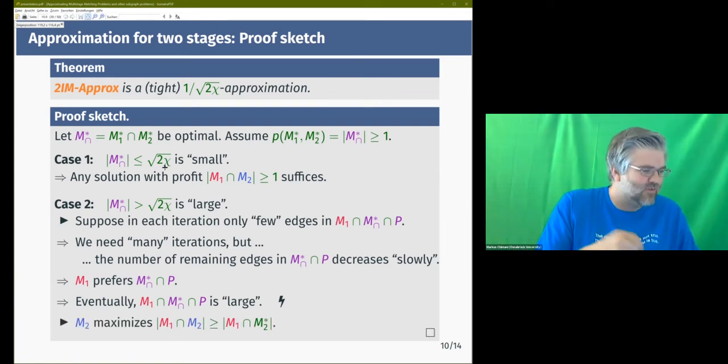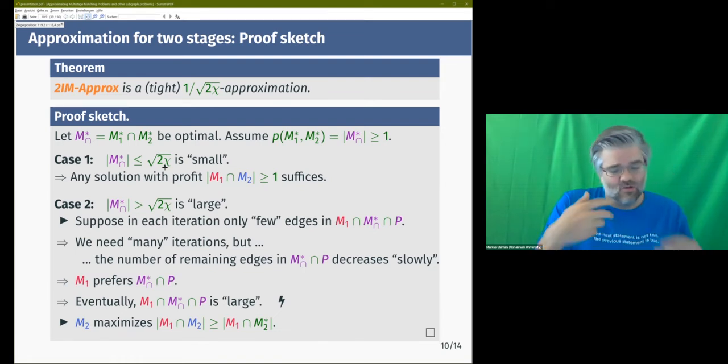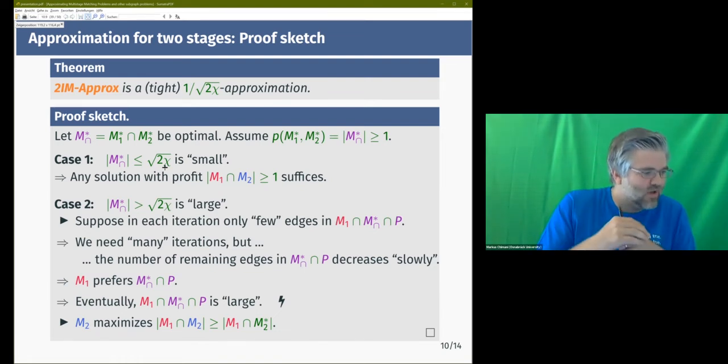And if you then realize that the second matching is always perfect, or best possible, with respect to the matching M1 that our algorithm selected, then by applying a couple of algebra steps, you can just deduce our approximation ratio. That turns out to be tight, actually.